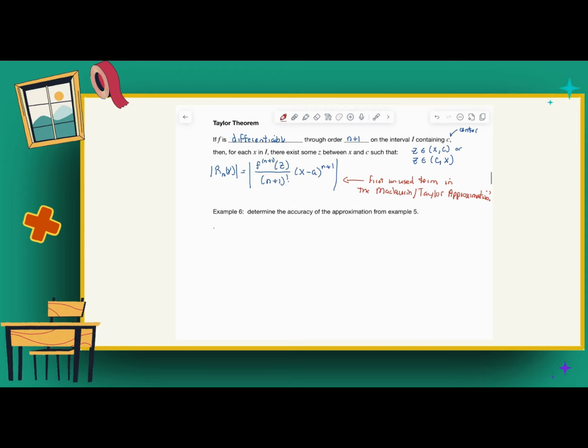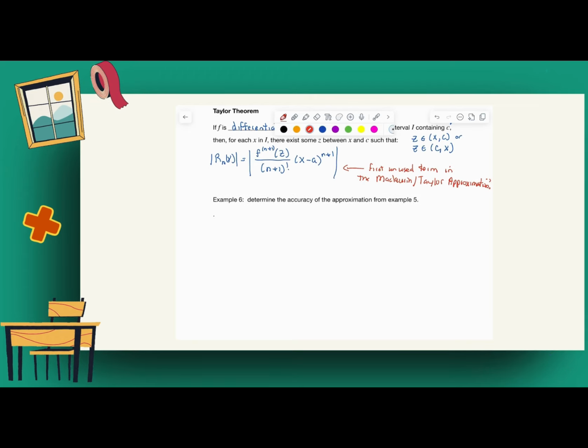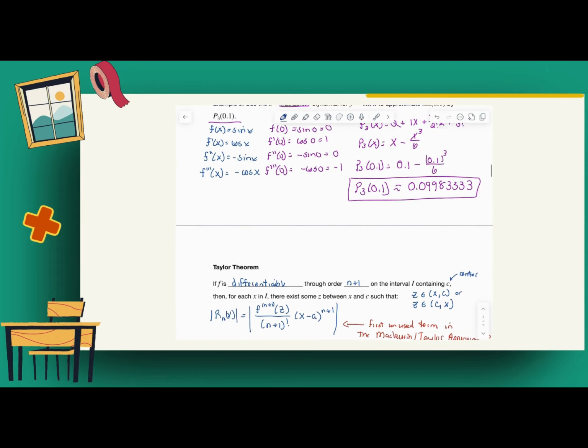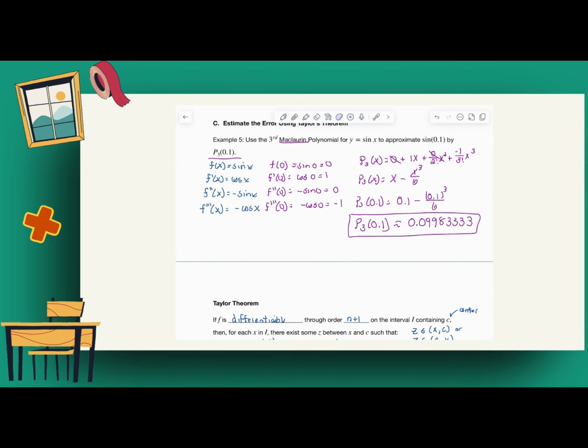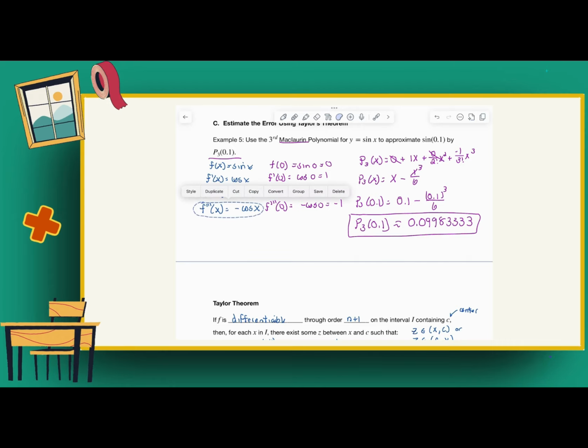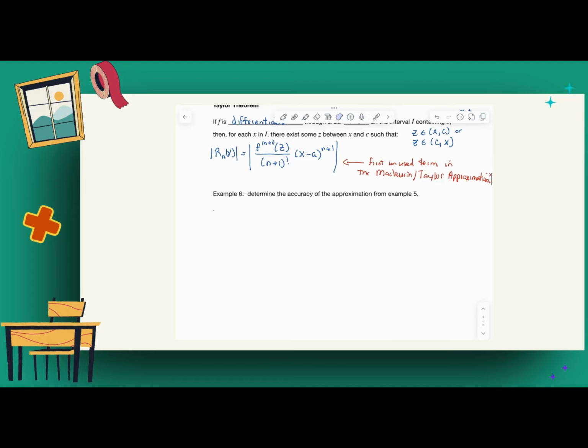So example 6, we're going to determine the accuracy of the approximation we found in our last example. So remember, it was very close to the actual, but we need to figure out how good this approximation is. Recall that we went to the third derivative, so we found P_3, so we need to find R_3, which means we need one more derivative.